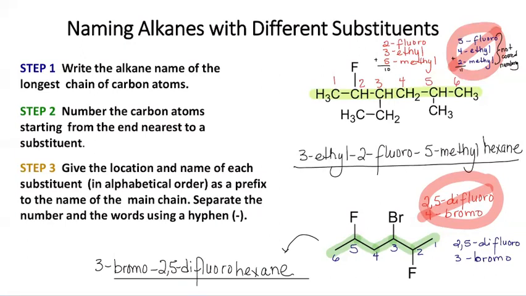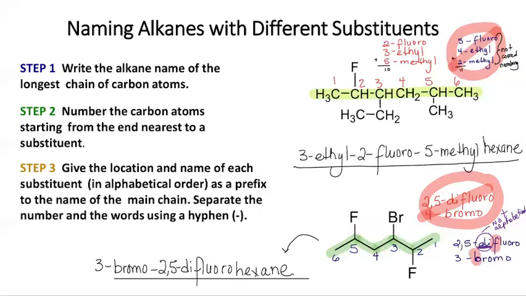One more thing that we're going to see later, specifically in the practice. The prefix di does not get alphabetized. When you're comparing an alphabetization, you're saying fluoro versus bromo.